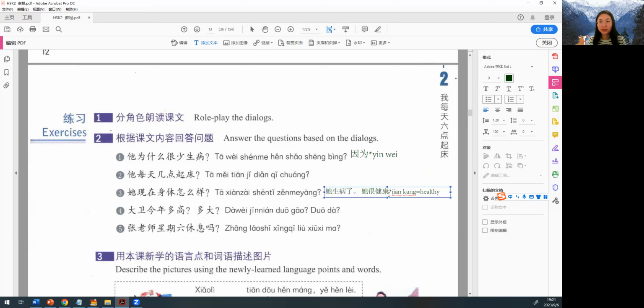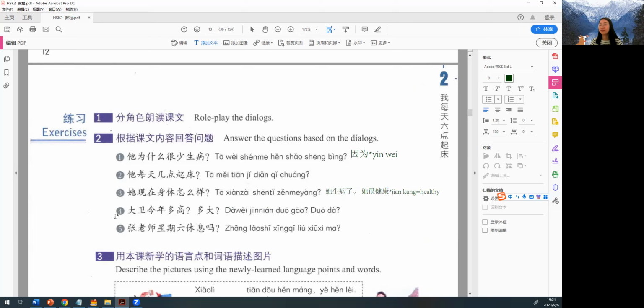So without is, when we describe somebody as adjective. If we want to say she is very beautiful, we need to say 她很漂亮. So there's no 是 within it. 她是很健康, we don't say it like this.